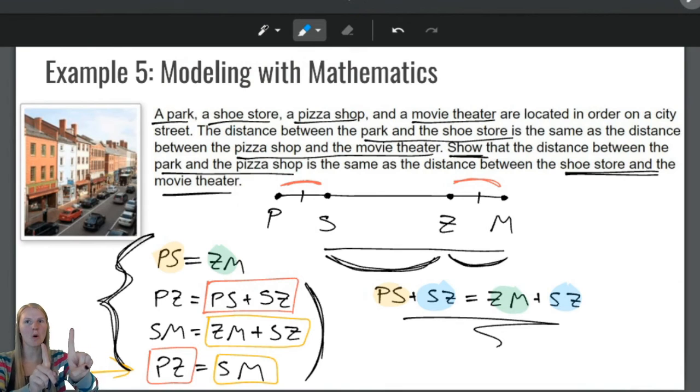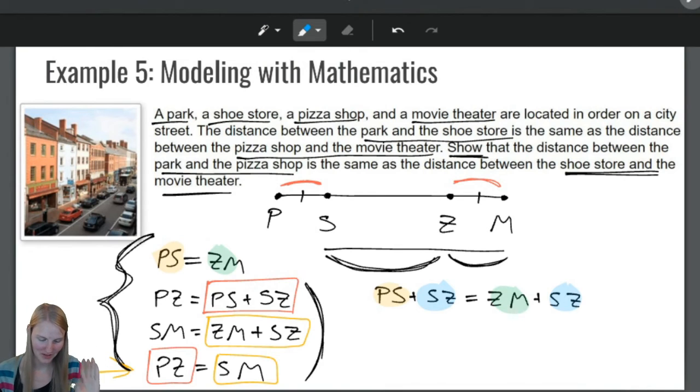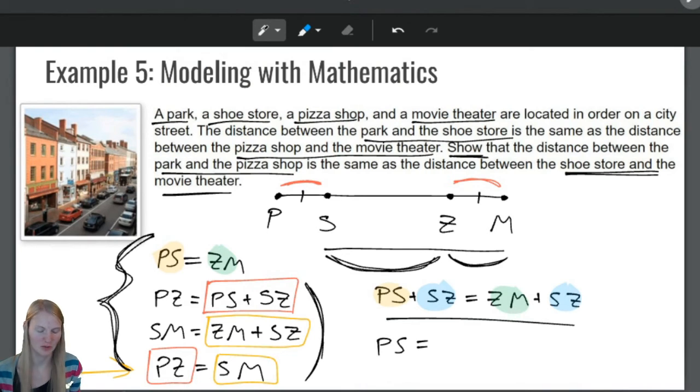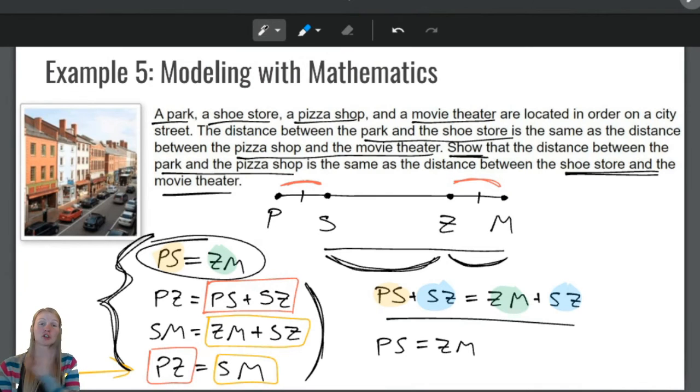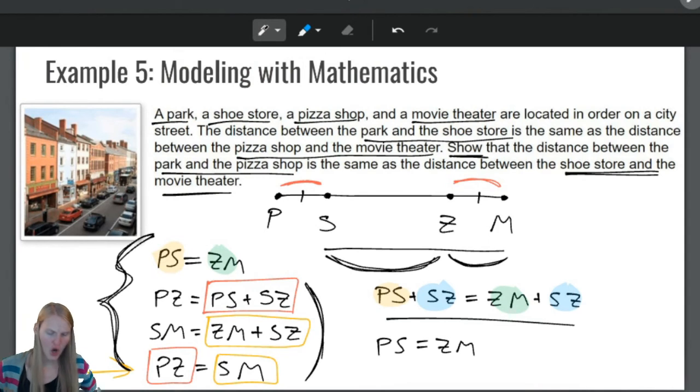So, stick with me. We know that PS equals ZM. We started with that. That's these tick marks right here. We started off knowing that. And what does the addition property of equality state?